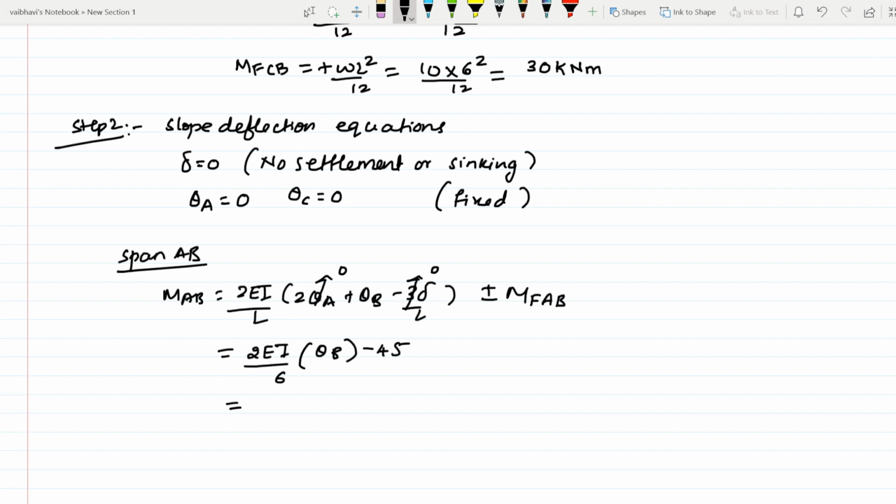So on simplification we can write that 2EI theta B by 6 minus 45.